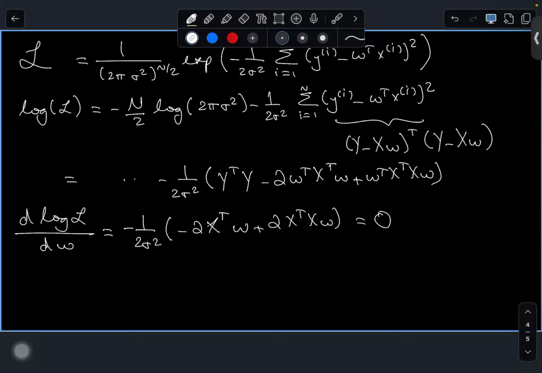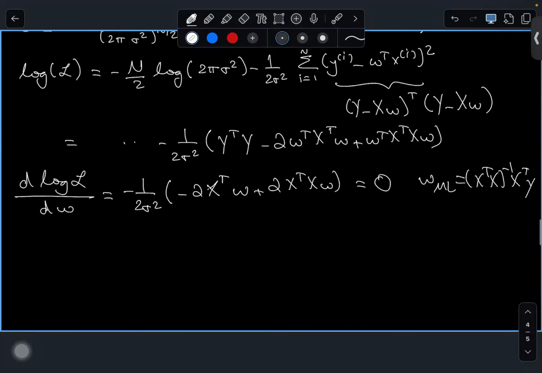Set that equal to 0, and I get my normal equation. That's the maximum likelihood estimate. The normal equation is assuming that my data was generated via a linear system that has Gaussian noise. And that's how I get the maximum likelihood estimate.